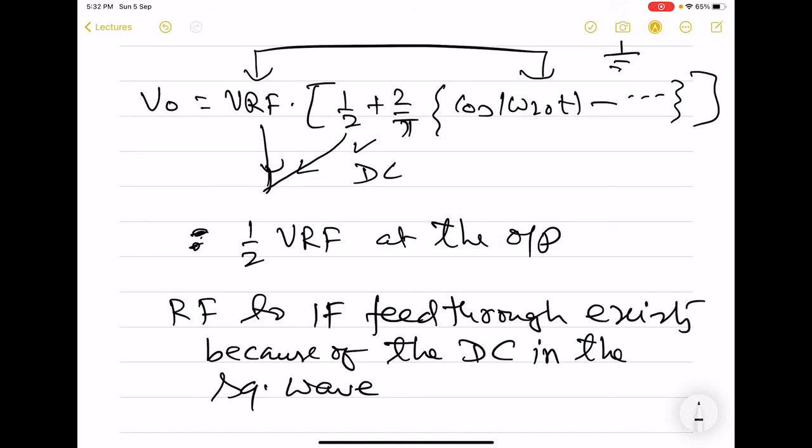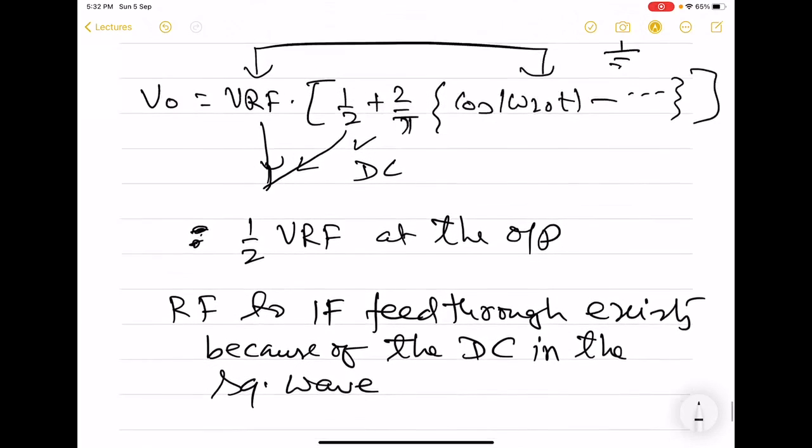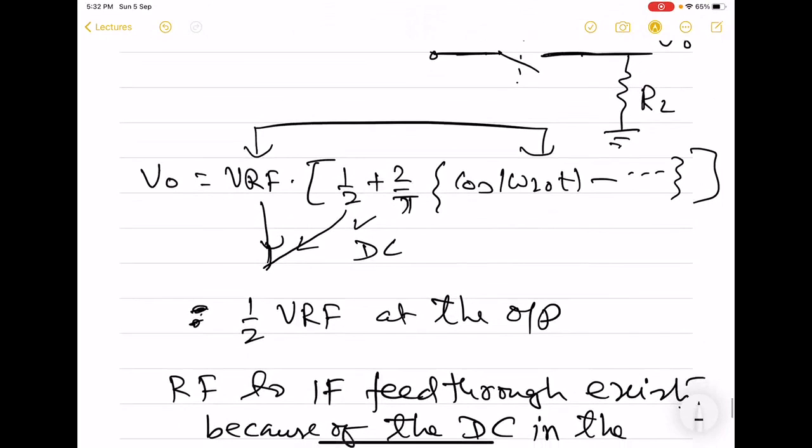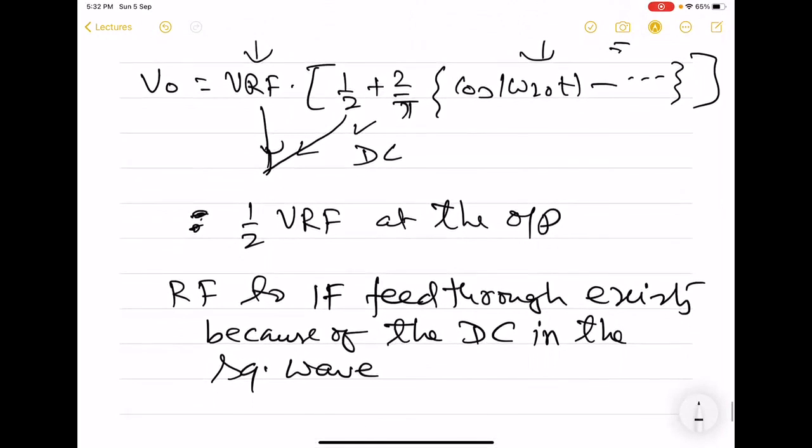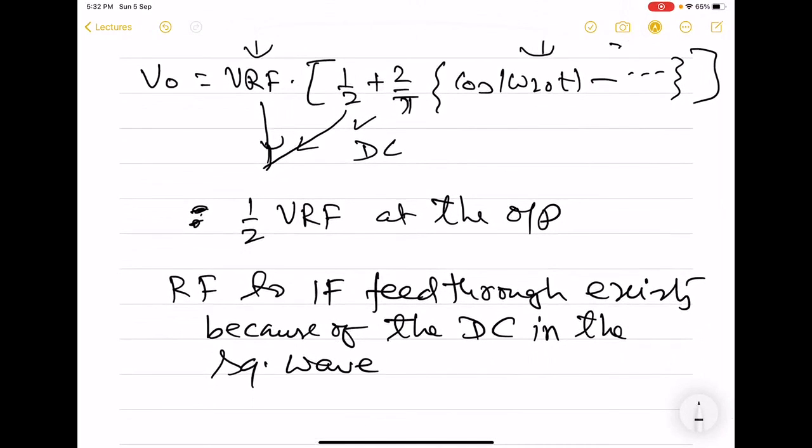So this DC has nothing to do with the DC in the LO, but this is DC of the switching phenomena, this is square wave arising because of the on and off state of the switch. So we will see that then what to do so that these kinds of feed through or leakage can be avoided.